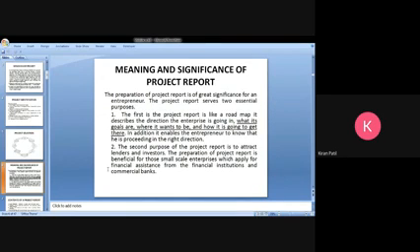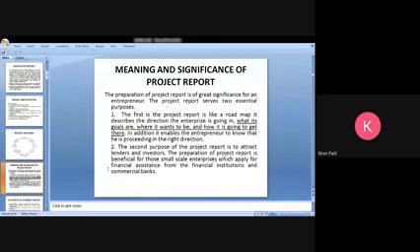Okay, and in order to do that, a project report will aid you in conveying your idea to the potential lenders or investors. So you can easily present yourself through the project report because it's a detailed document.